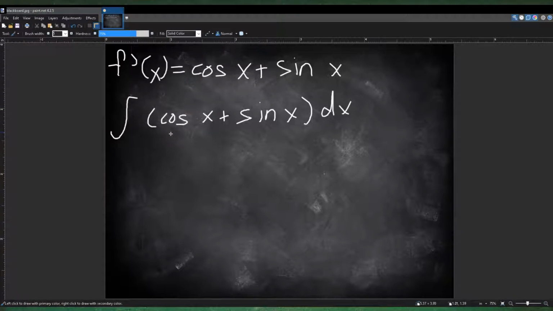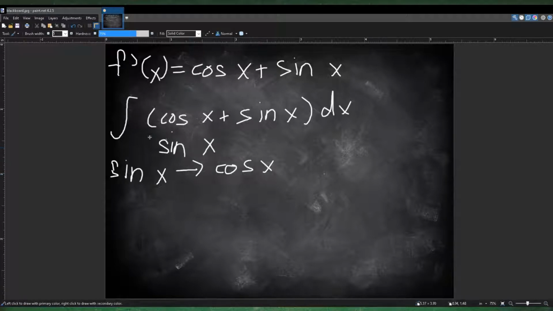So what's the antiderivative of cosine of x? Well, if you think about it, we start with sine, right? The derivative of sine is cosine. So we already got the first part. We got sine of x.